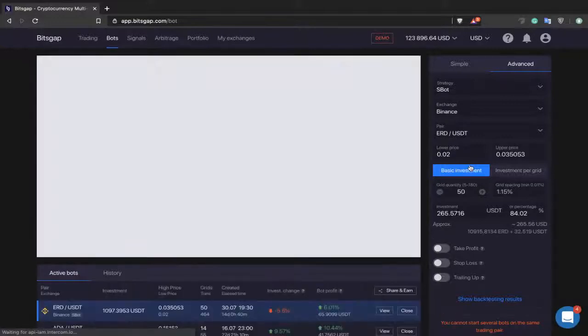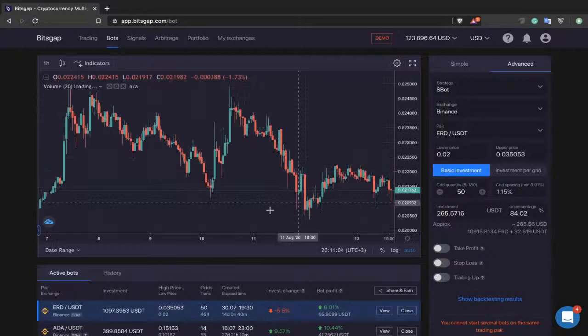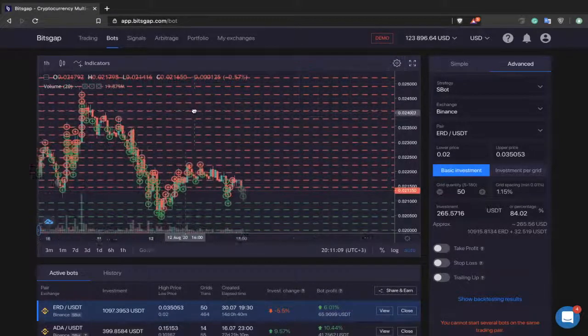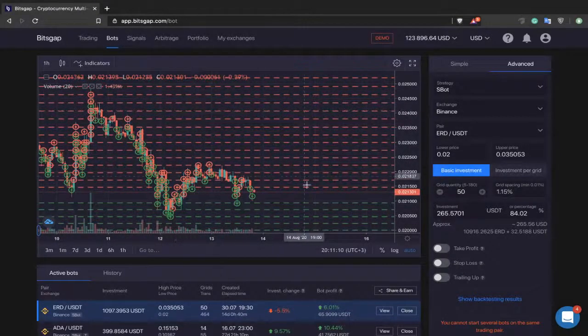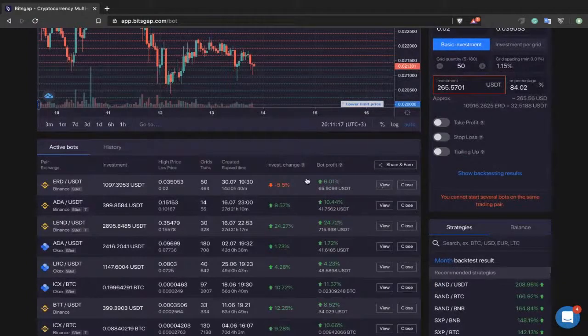Because it can be that the market at the time when you launch the bot is so volatile and you don't want to skip this opportunity to maximize your profits on its upside momentum, but you simply forgot to switch the trading up feature on. Later you click on, you see here I have an ERD trading to USDT bot, but without T. That means that I don't have a trading up feature.